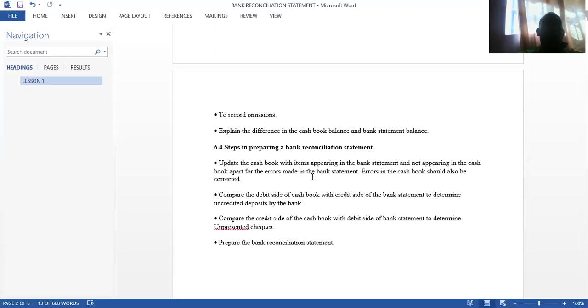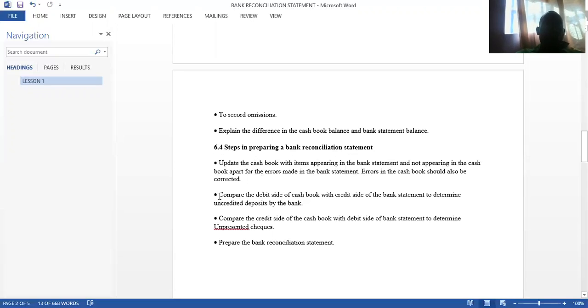Once you get them and you find that in the bank statement we have some items which are missing in the cash book, then the cash book is not actually correct. Then we update it using items that are in the bank statement but not appearing in the cash book. Because they were supposed to be there and they are missing, we update the cash book so that it can have all the necessary information.